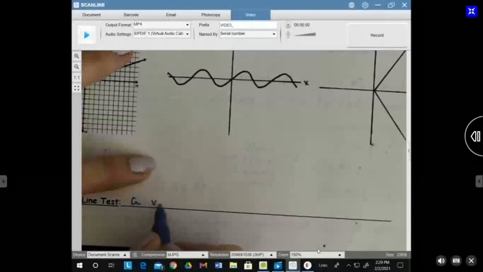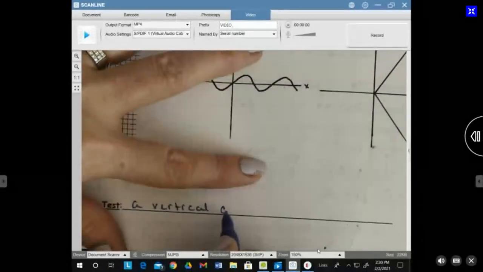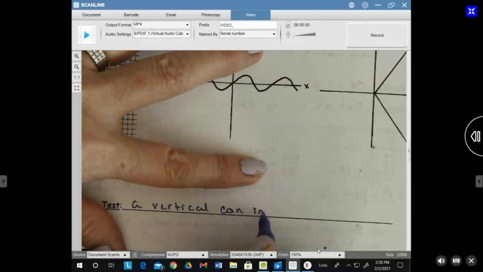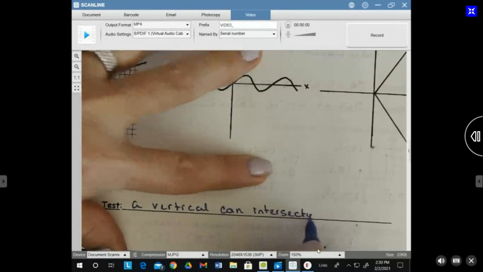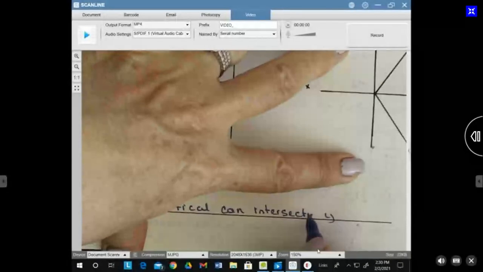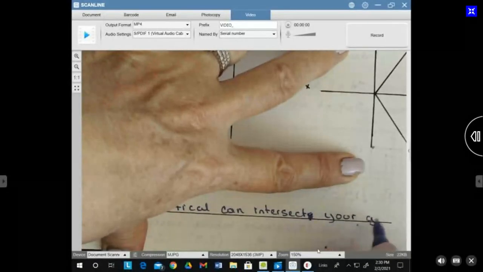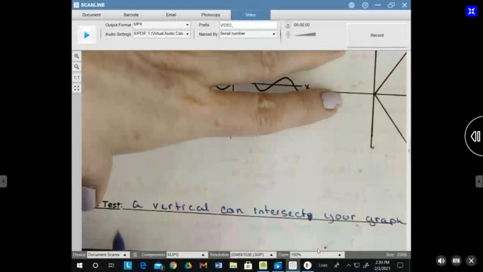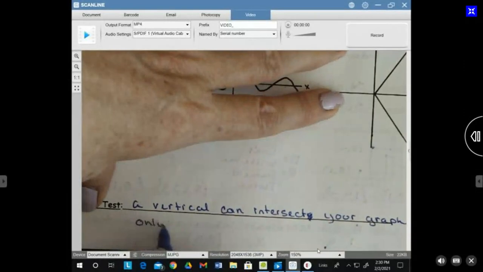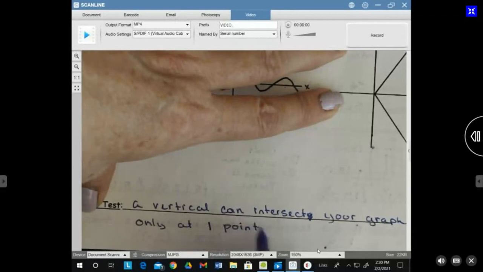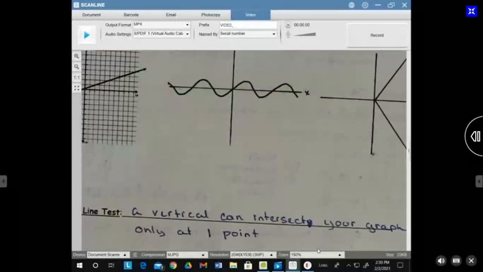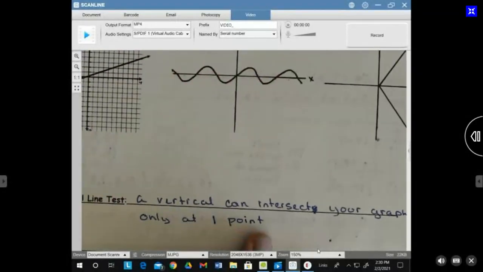A vertical line can intersect your graph only at one point. If I have more than 1 point, I fail the vertical line test, and I am not a function.